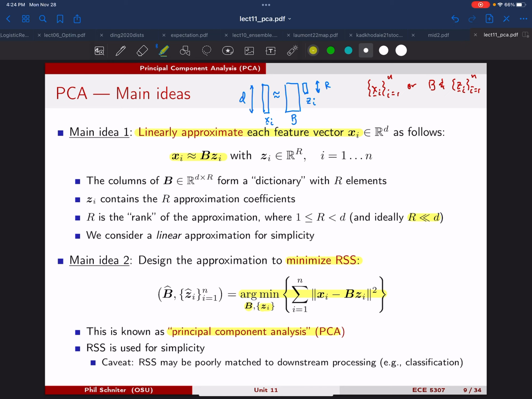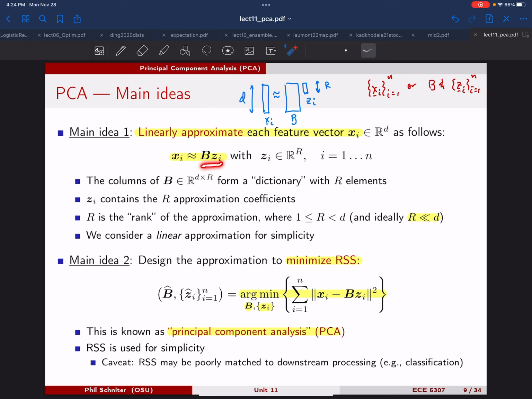Okay, so one thing I should warn you is that PCA is, you could say, a lossy compression. So you're losing information. When you do this, generally speaking, you're replacing the true features with these approximations.